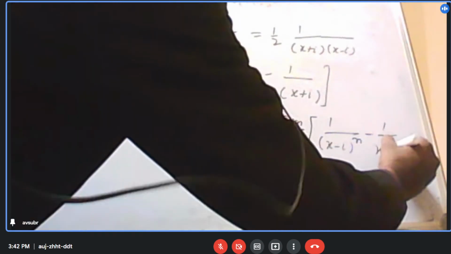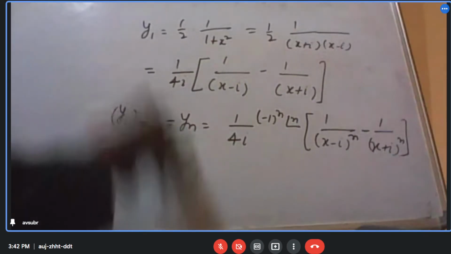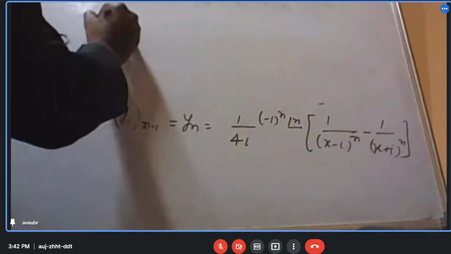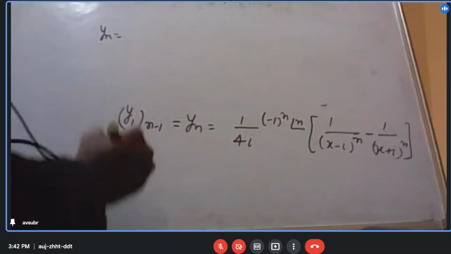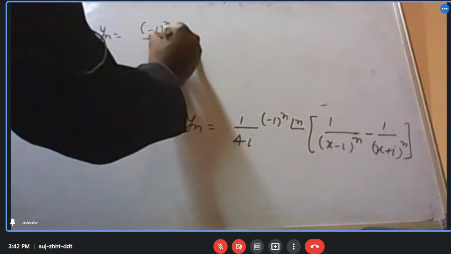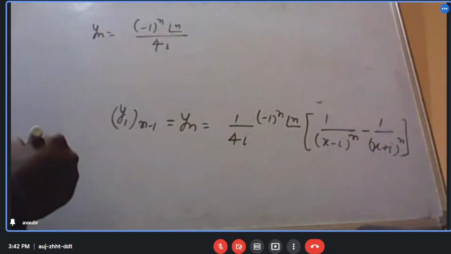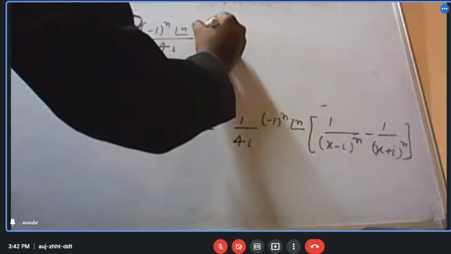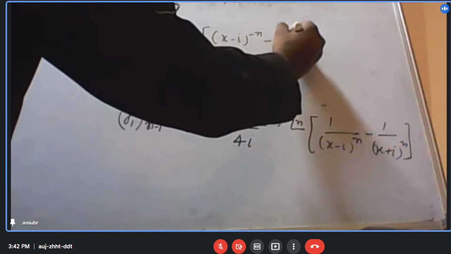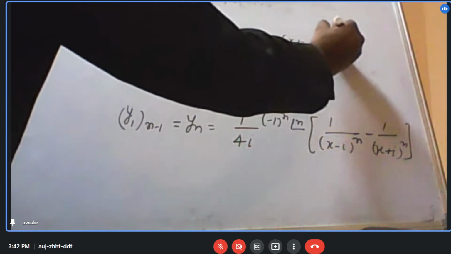Minus 1 by x plus i to the power n. So y n is equal to minus 1 to the power n factorial n by 4i into x minus i to the power minus n minus x plus i to the power minus n.